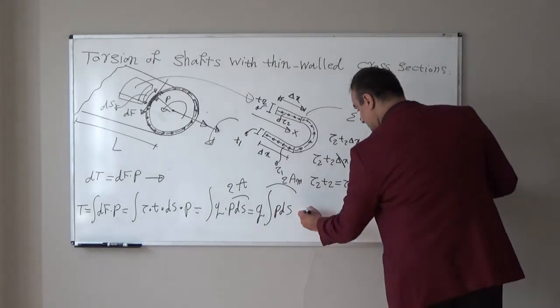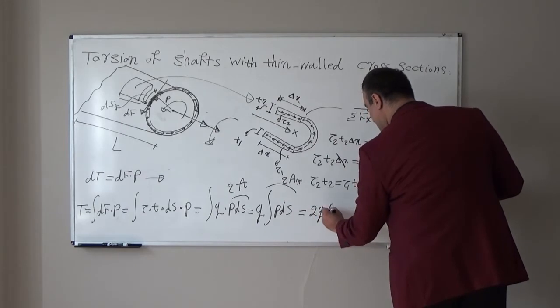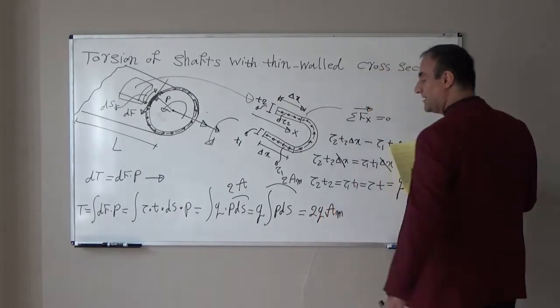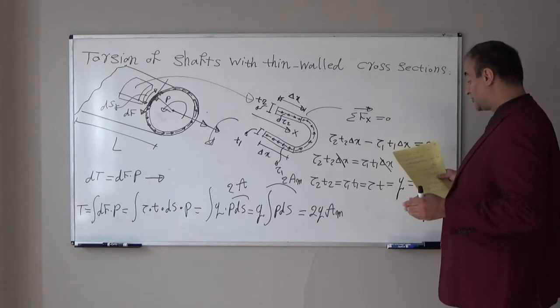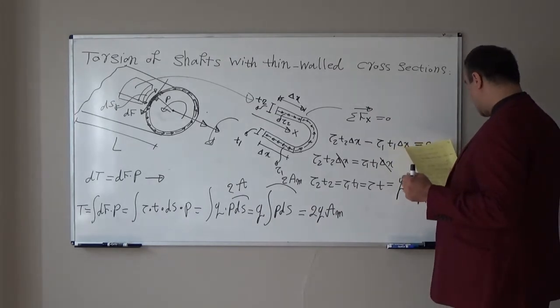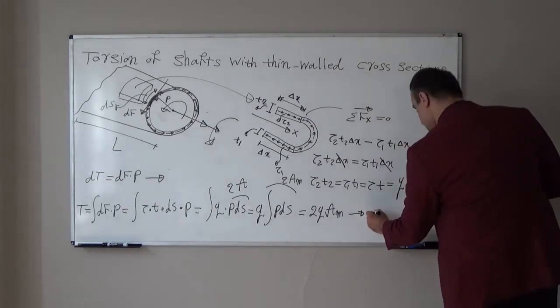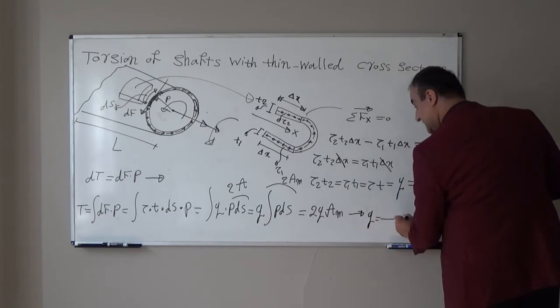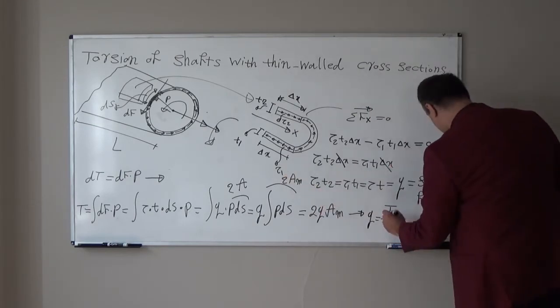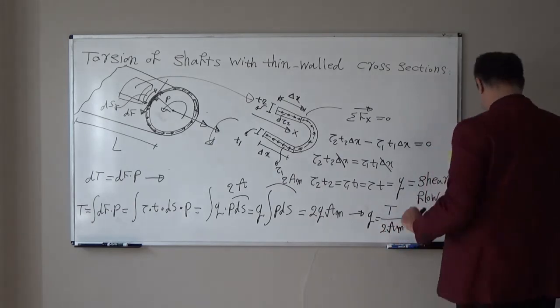So T is equal to 2q AM. AM stands for the area enclosed by the mid-surface. So from here, q, the shear flow, is equal to T divided by 2AM.